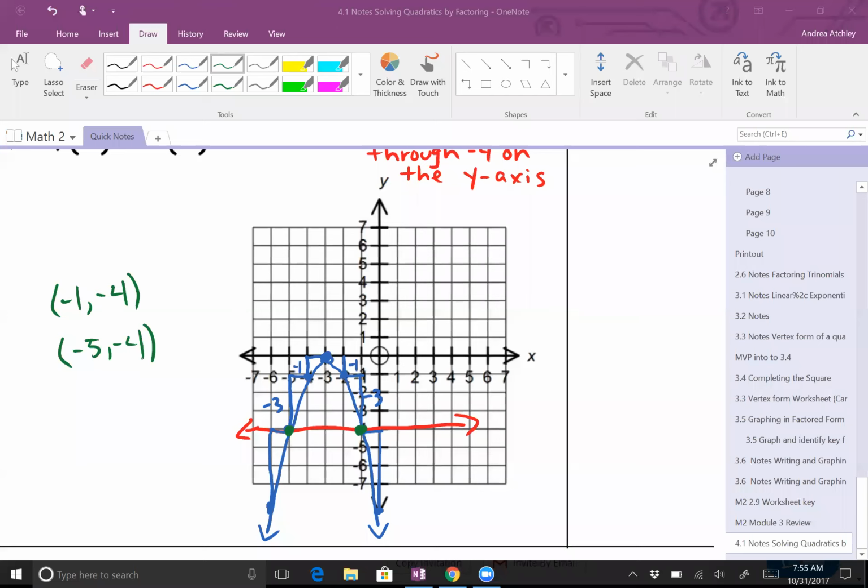Okay, so that's how you can find the solution. Graph the two sides and see where they intersect. Any questions? Okay, and in this case, we only really care about the x values because I already know what the y value is going to be. So truly your answers would just be the x values. So you'd have x equals negative 1 and negative 5.